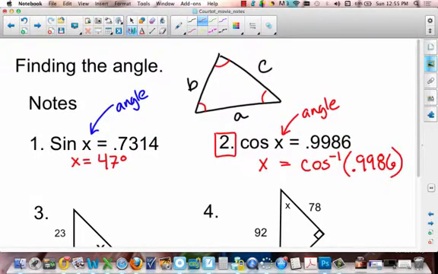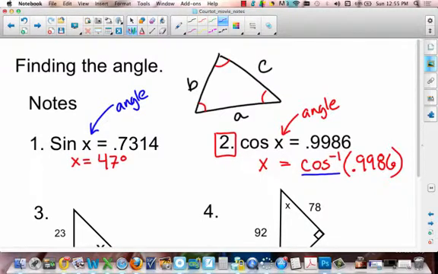Okay. So on your calculator, the inverse function is right above the cosine. You see there's written in yellow, it says cosine -1. That's the cosine inverse. So you would simply hit second function, cosine, and that's going to give you this cosine inverse.